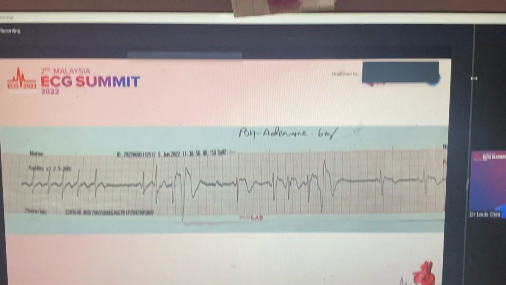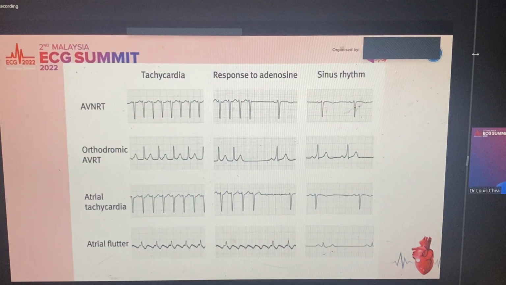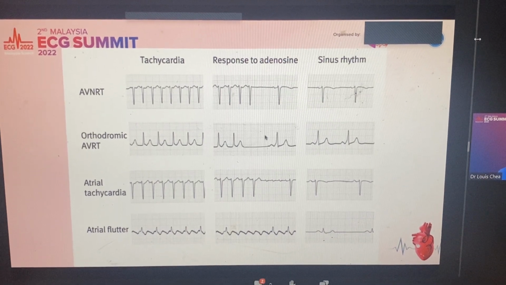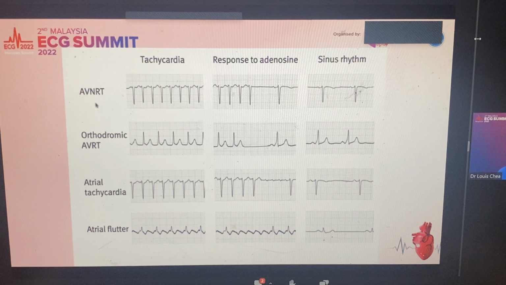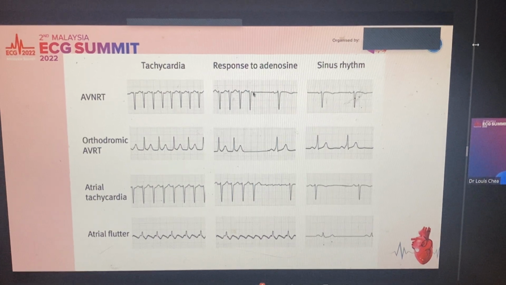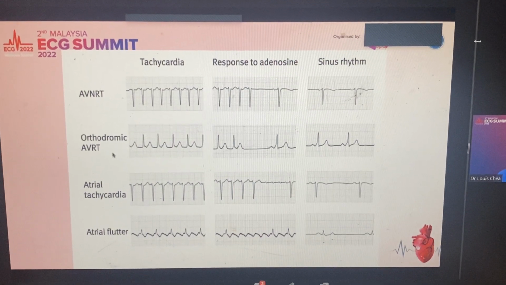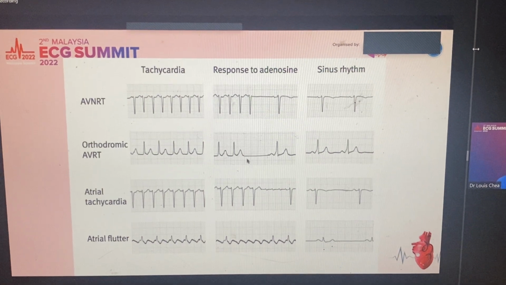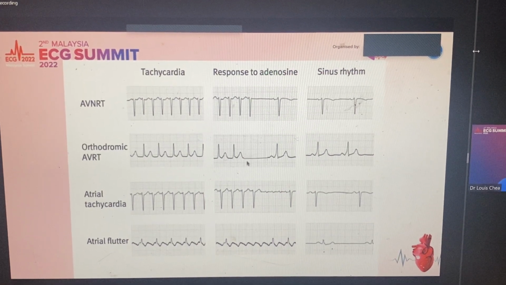The response to adenosine is actually very predictable, and it can give you a clue to the underlying diagnosis you are facing. As we have mentioned earlier, if the tachycardia terminates with adenosine with a retrograde P, the likelihood is AVRT. It could terminate for orthodromic AVRT as well, because it is AV node dependent with a one-to-one relationship.